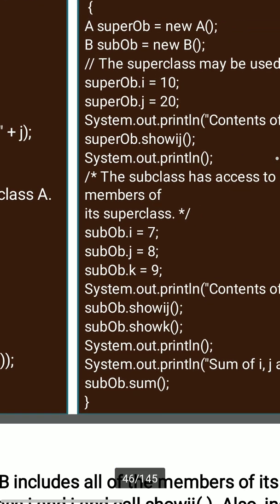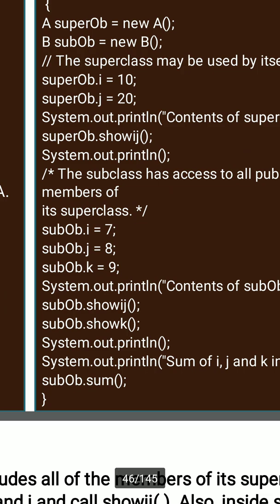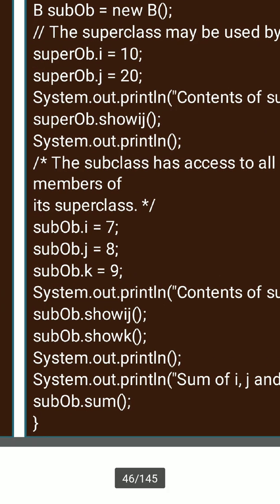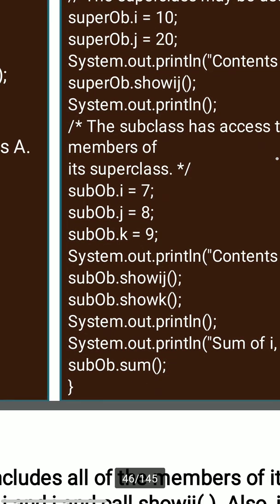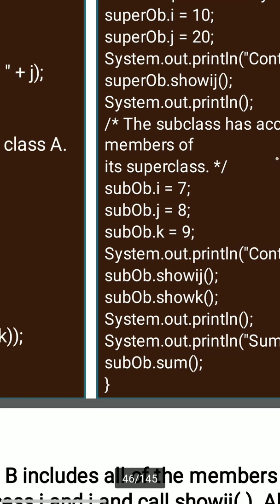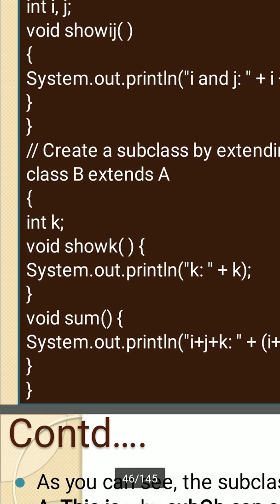Okay, that is with respect to the superclass object. Now again I am going to assign the values of subclass variables. The subclass is also having the superclass members, so it is also having i and j by default.